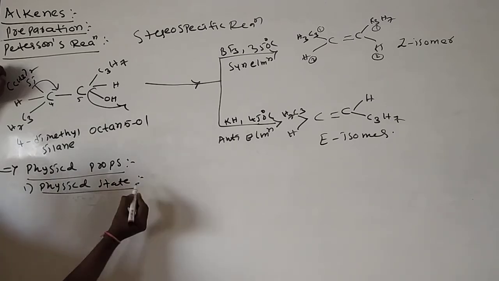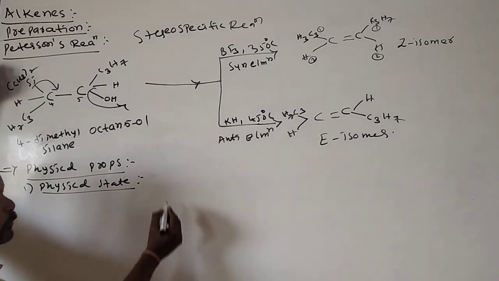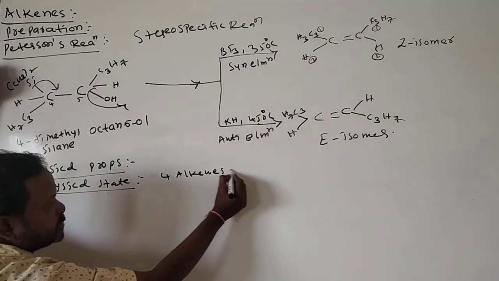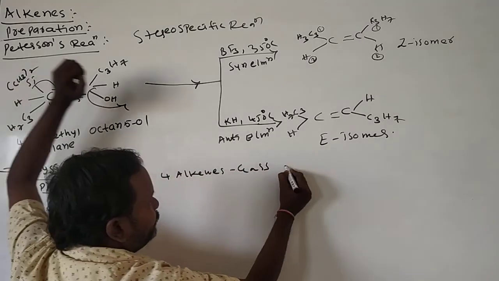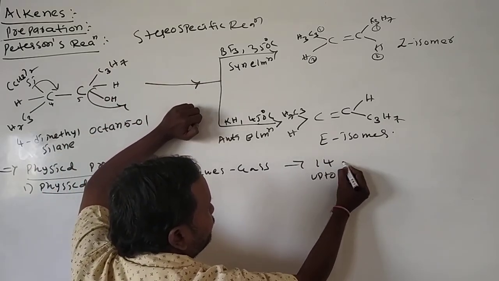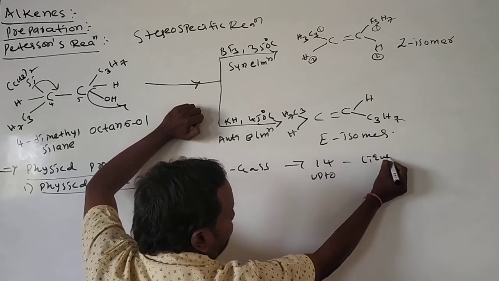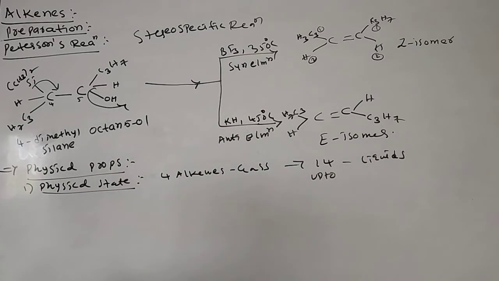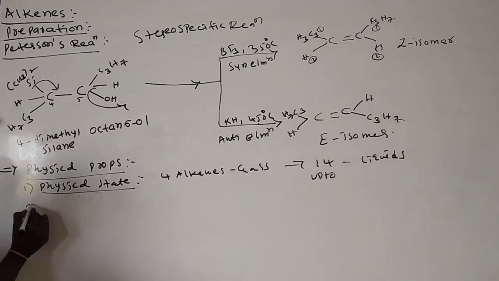Up to 4 carbons, alkenes are gases. Up to 14 carbons, alkenes are liquids. The remaining alkenes are solids. That means above 14, alkenes with 15, 16 carbons are solids. This is the physical state.